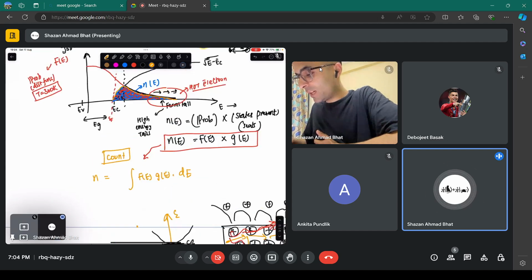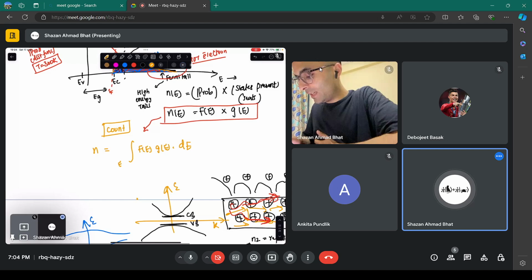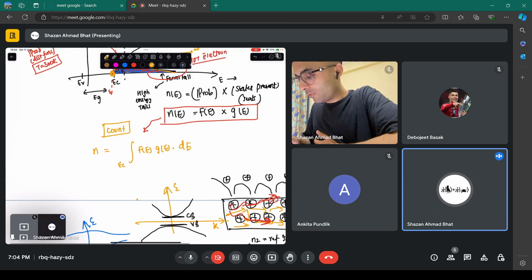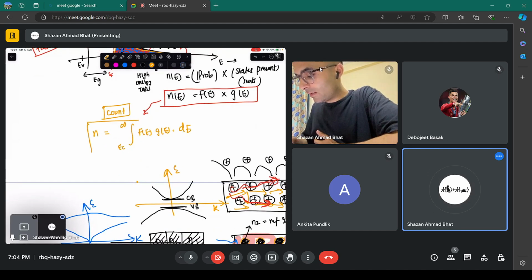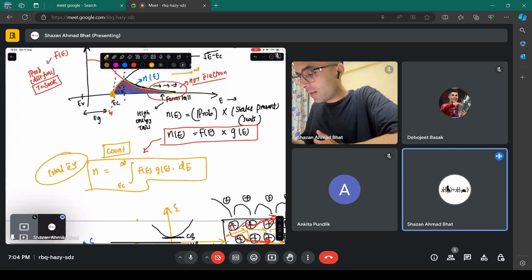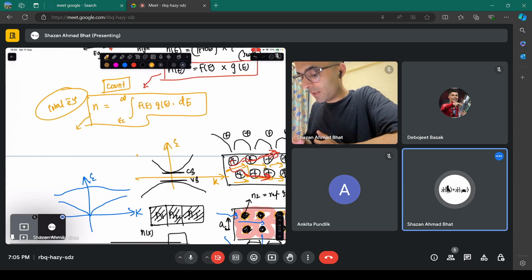And with respect to energy, the limits will be from Ec, from this particular region, to infinity, to all of the above energy levels. This is the total number of electrons. You can compute it by integrating this curve up to infinity and you get the total. This will give you a number.